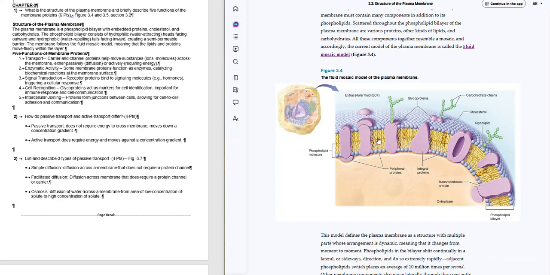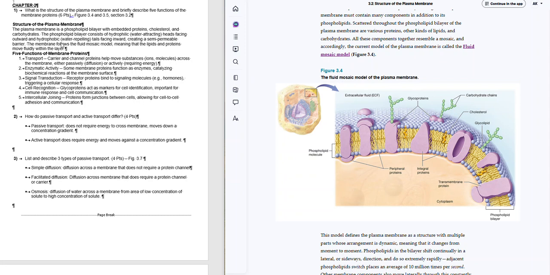So that gives the cell membrane its classic phospholipid bilayer with the cholesterol embedded. You have proteins embedded, and then you have receptors made out of carbohydrate or lipids, glycolipids or glycoproteins, that are for cell recognition.